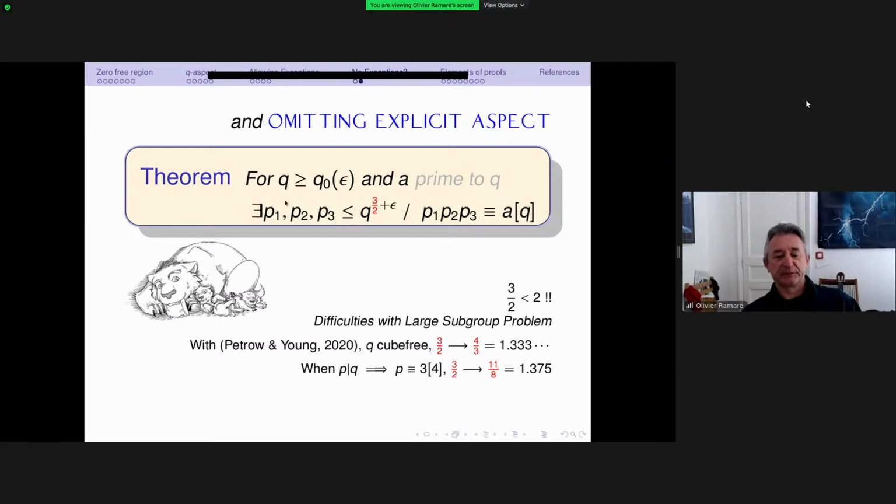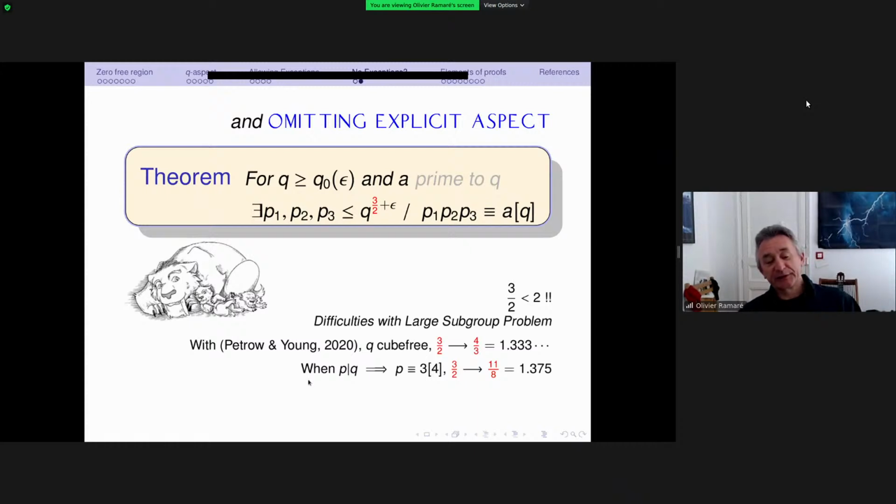Okay, after that, we have difficulties that I don't want to enter. I've given several talks on this problem, so I don't want to enter this part. There's a recent paper by Petrov and Yang. I mean, a preprint, but I guess that it will become a paper soon. If Q is cube free, we can use their result and reduce 3/2 to 4/3, which is getting closer and closer to 1.